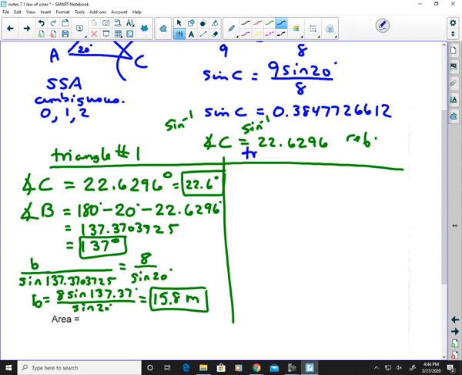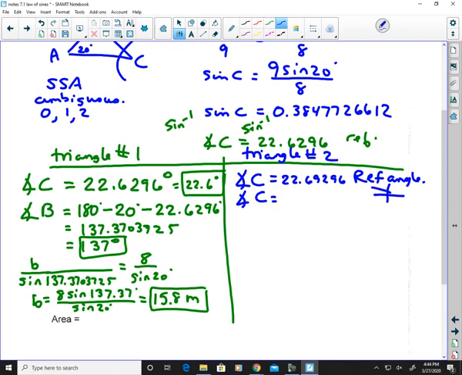So this is triangle 2. Triangle 2 starts out with angle C equals 22.69296 as a reference angle. So angle C is actually in quadrant 2, referenced off of that angle.